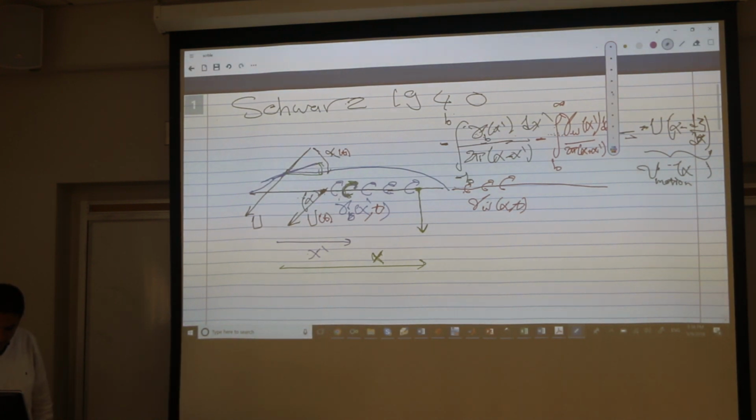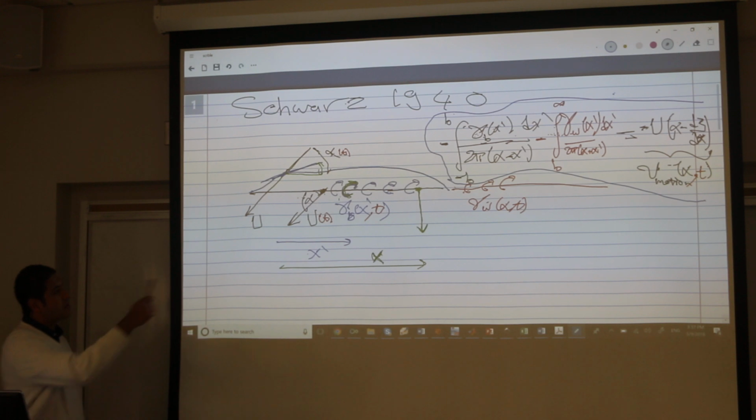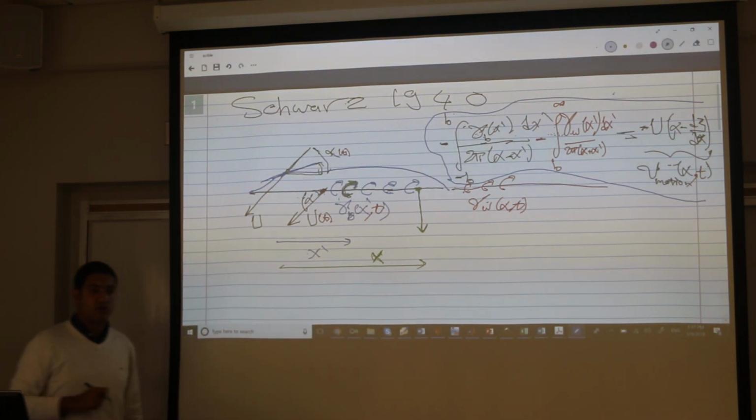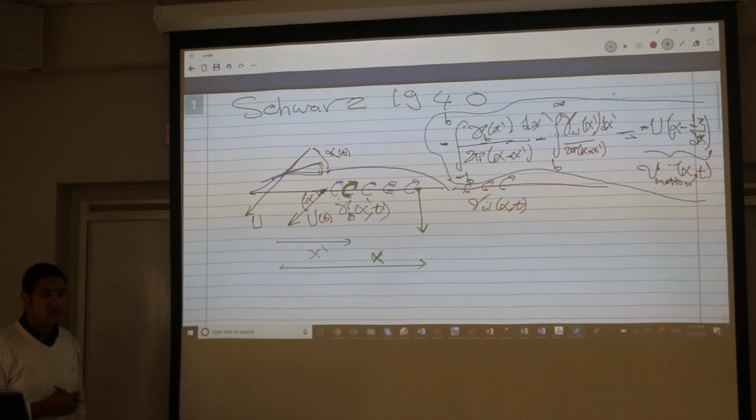What does this equation represent? It's this exact same thing now. This v motion is a function of x and t. If I want to give a name for this, what does this equation represent? Is it your differential equation? Is it your boundary condition?